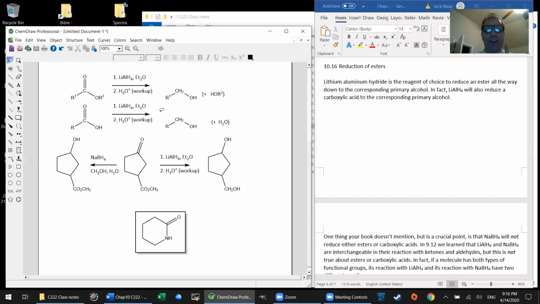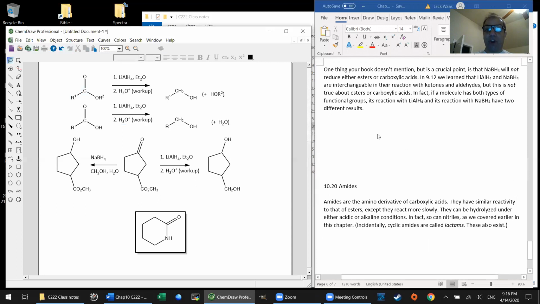One thing that your book also does not mention, but is a serious omission on its part, is that whereas lithium aluminum hydride will react with esters and carboxylic acids to do the reduction, sodium borohydride will not touch either esters or carboxylic acids.